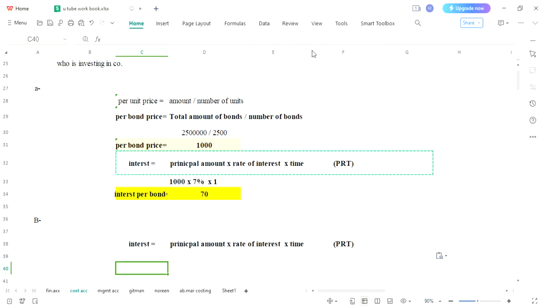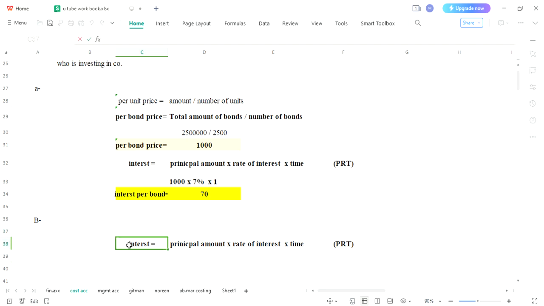Okay guys, we have calculated interest per bond. That is why you took the amount of a single bond over here. Since now you need to calculate total interest, what you will do is take the total amount. Here you have calculated interest per bond.